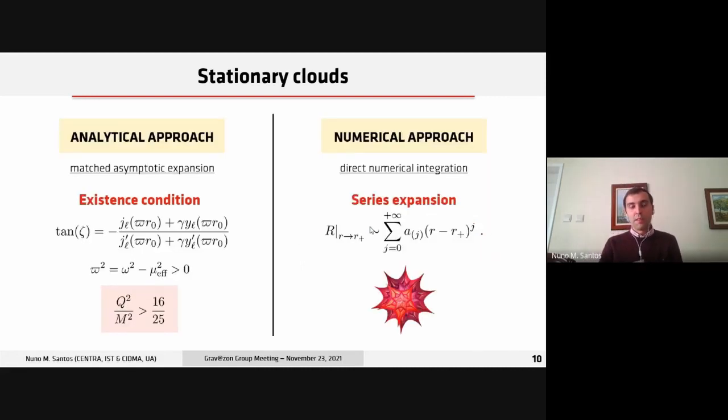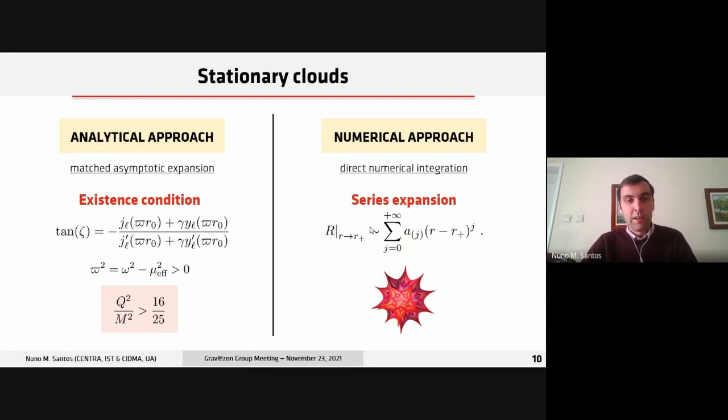So let me just comment on the ways of getting these stationary clouds. These stationary clouds can be found by solving the radial and the angular equations, and we can do that semi-analytically or numerically. We just need to solve an eigenvalue problem. Analytically, for instance, this can be done using the matched asymptotic expansion method.